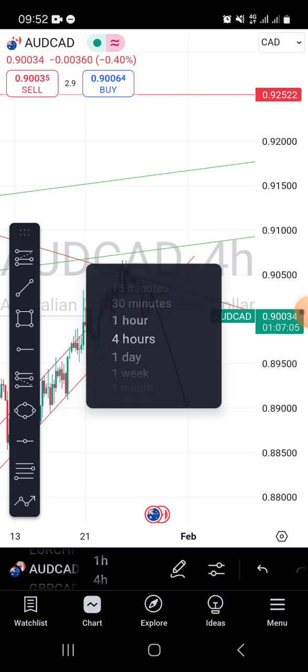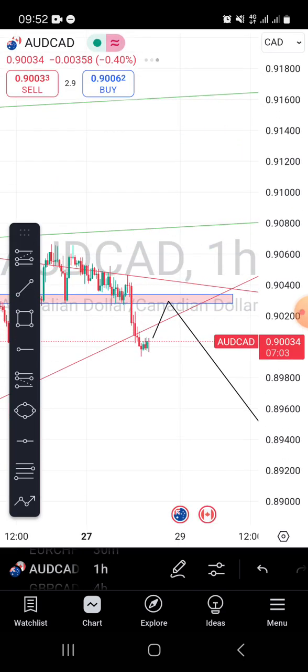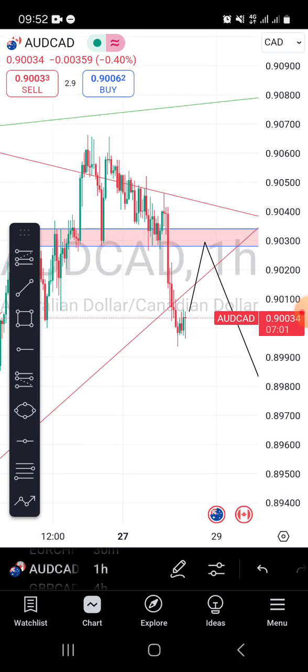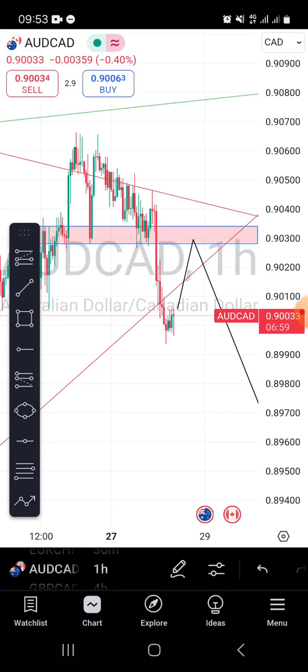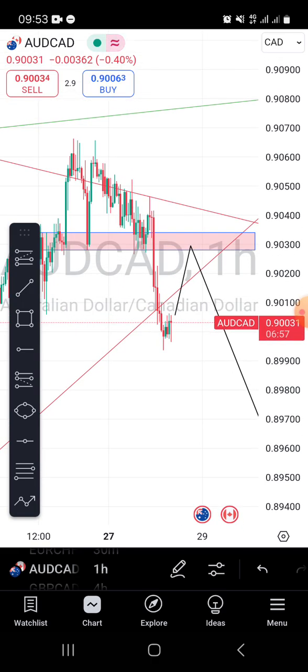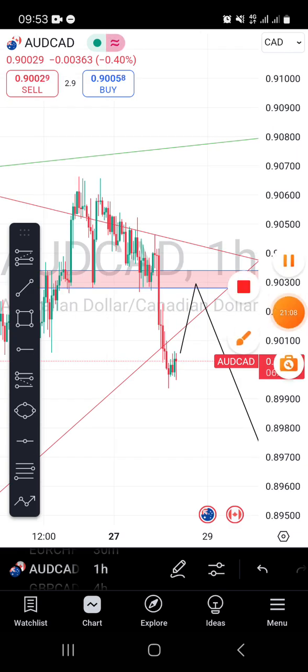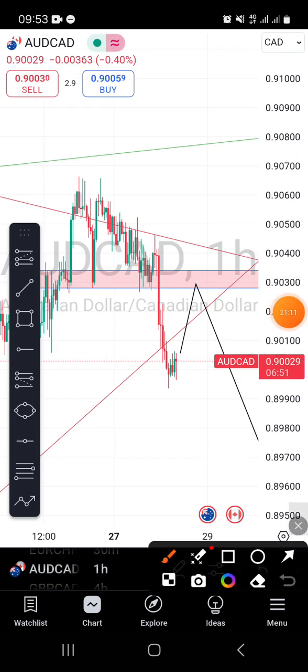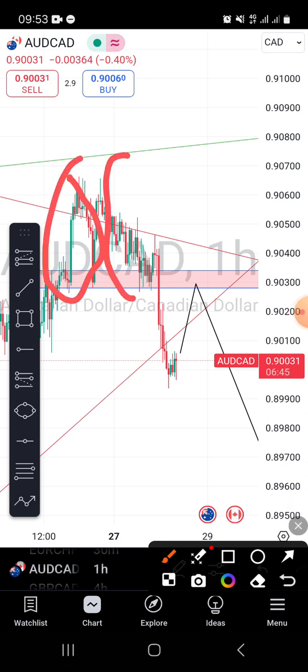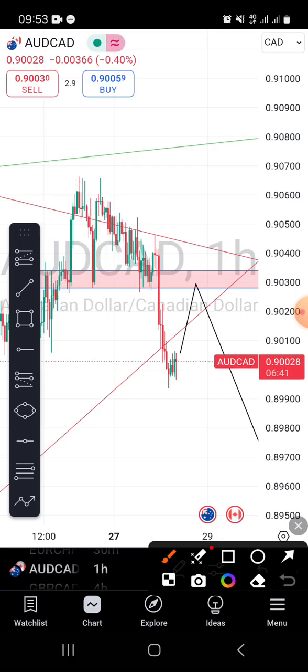Why am I expecting that pullback? Let me show us. This is a kind of chart reversal pattern here, which is our double top, the M pattern.